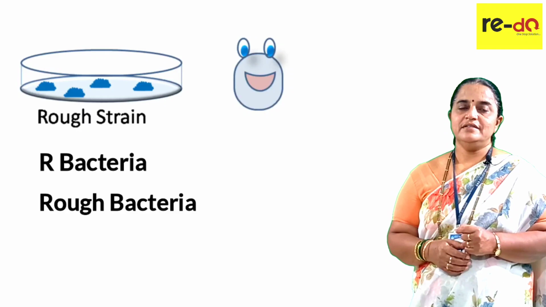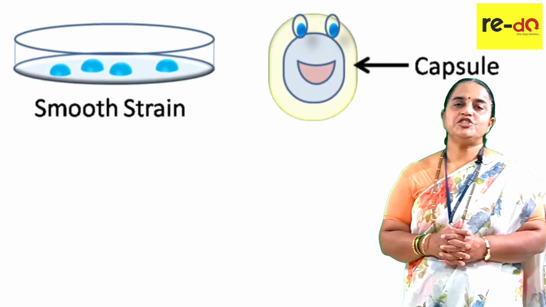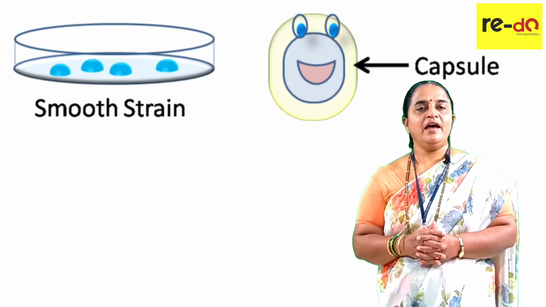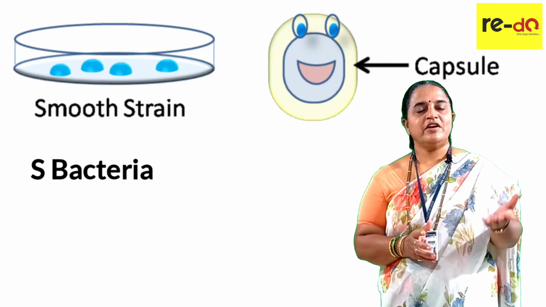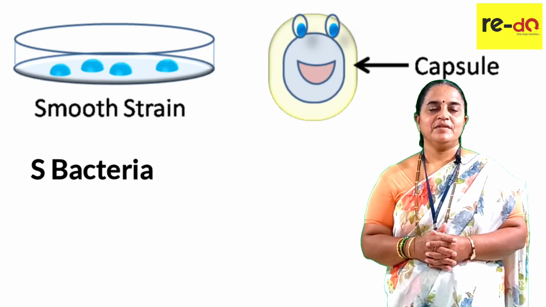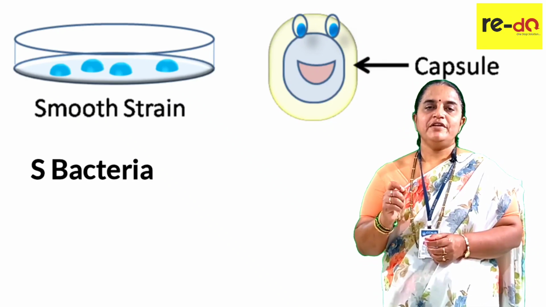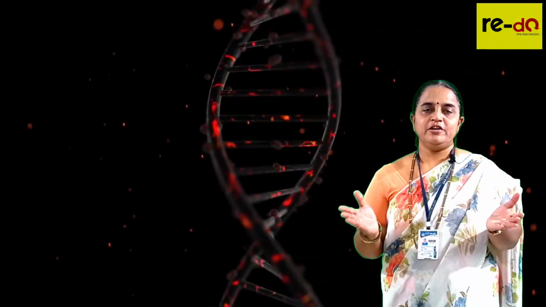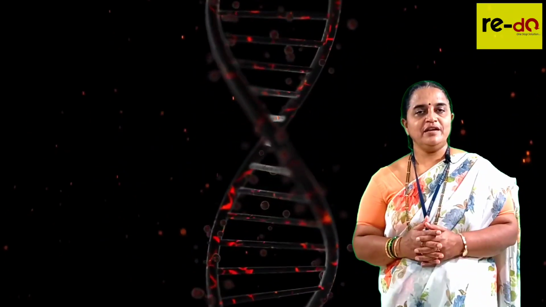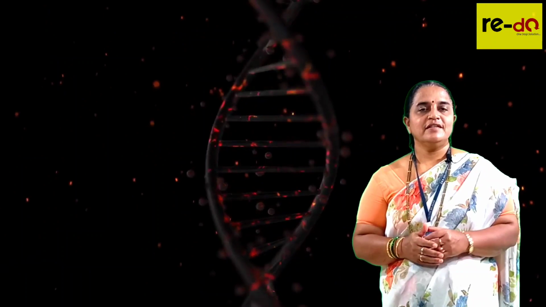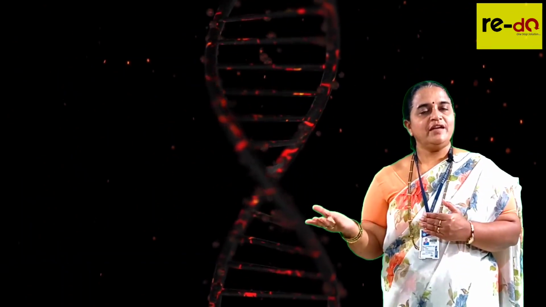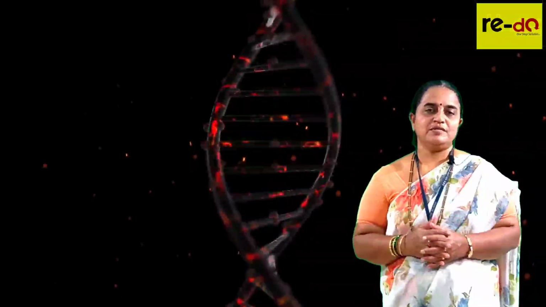He specified capsulated bacteria with shiny surfaces as S bacteria, which stands for smooth bacteria.